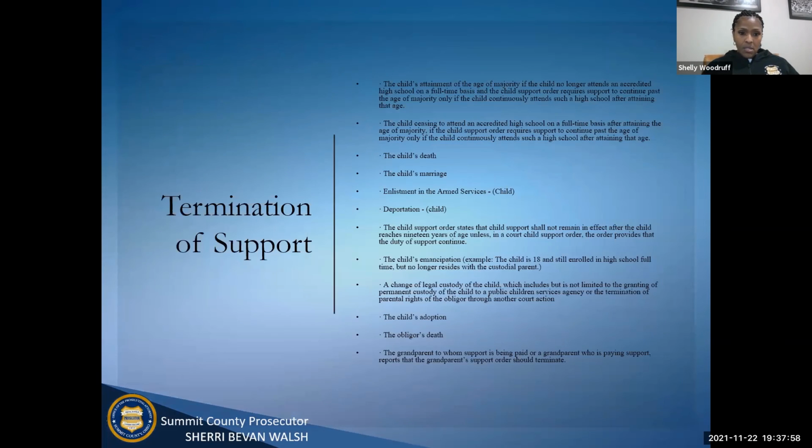Okay, next one. So, termination of support. Child support can be terminated. I'm just going to read this really quick. If the child reaches the age of 18 and graduates from high school, then the child support order that was set administratively will be terminated.